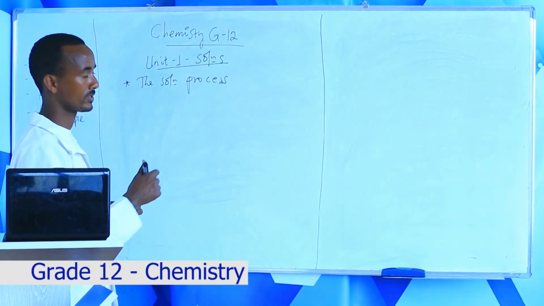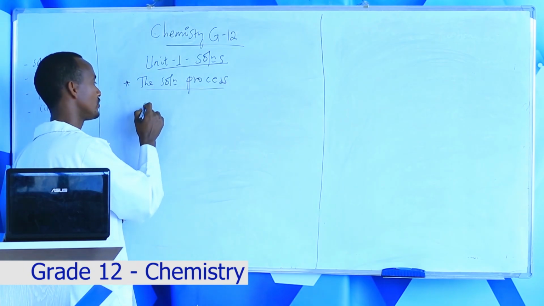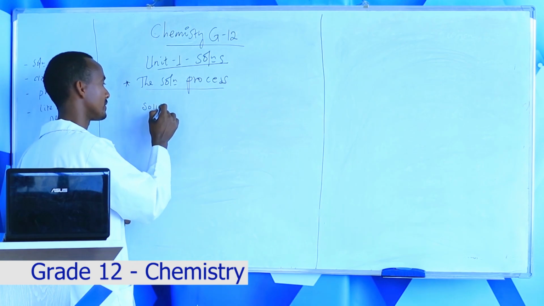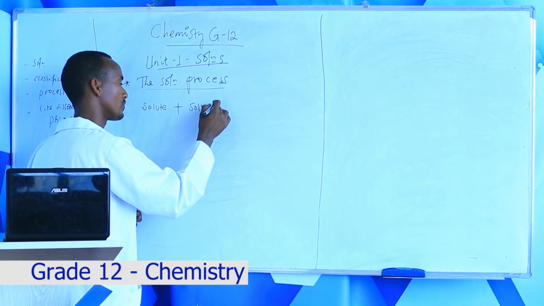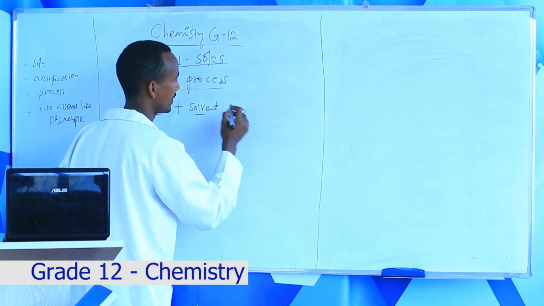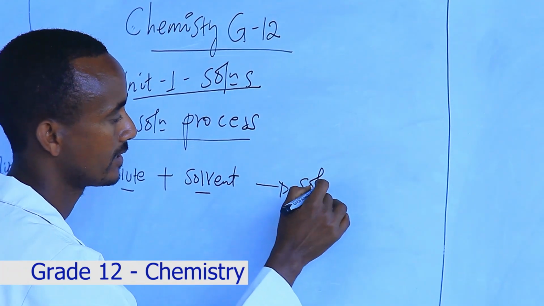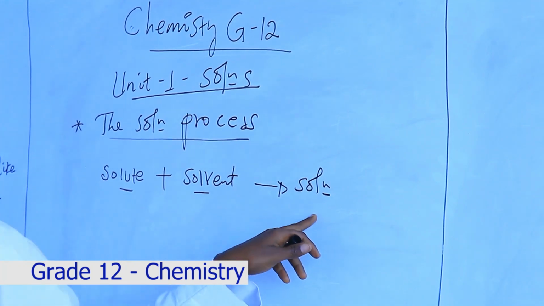So, coming to our lesson, the solution process. You know that in the previous class we said that a solution can be formed from its two components, a solute and a solvent. Solute combines together with a solvent to produce a solution. But this process cannot occur in a single step.